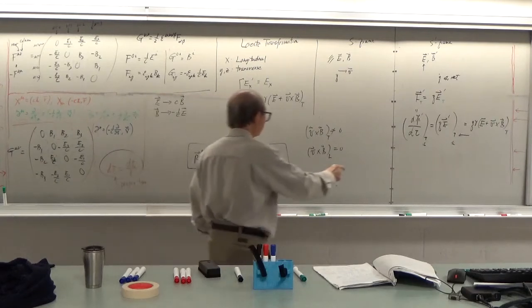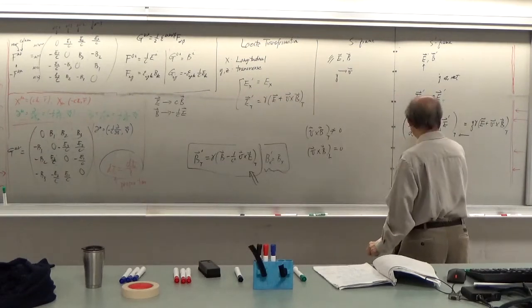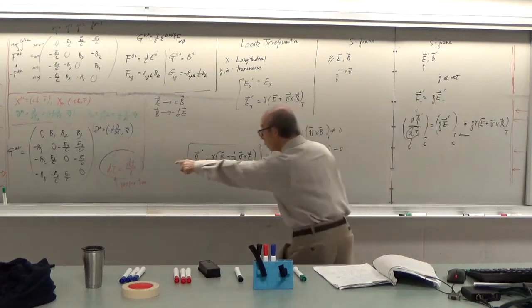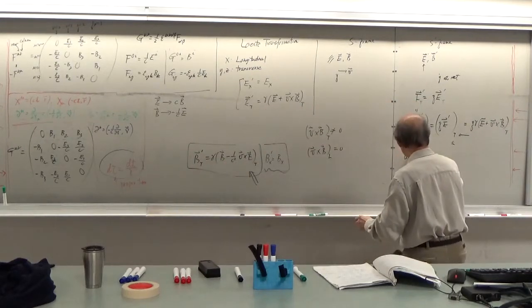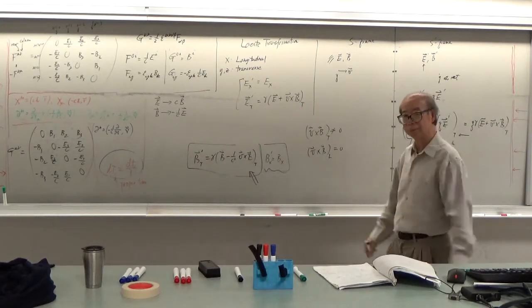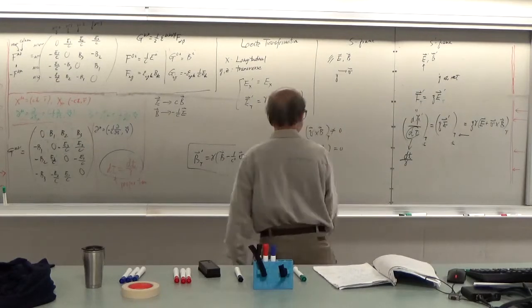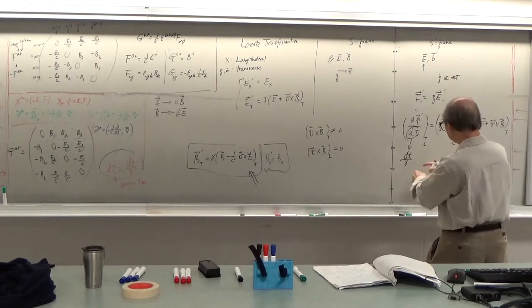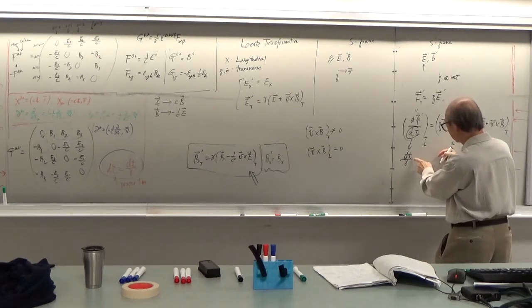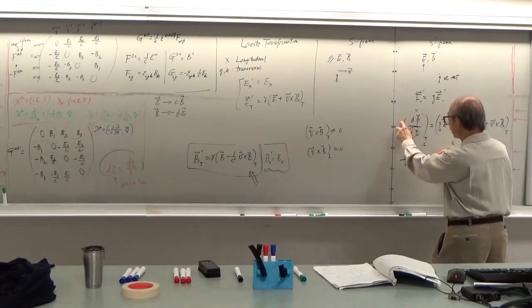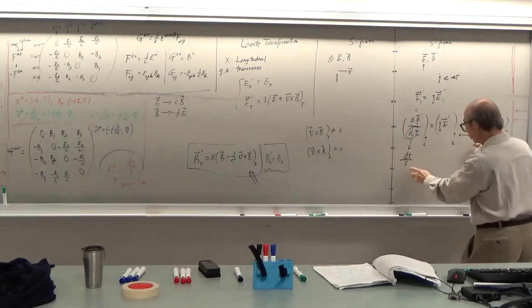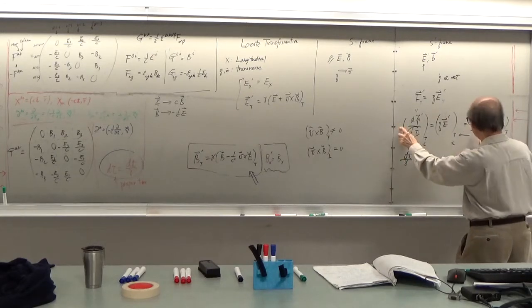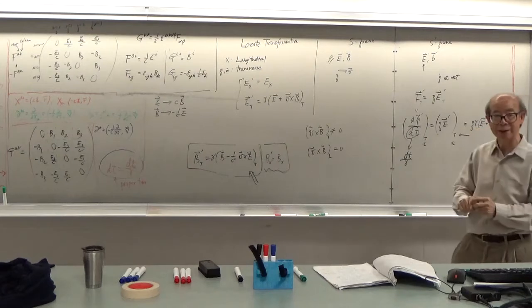So I can replace d tau by dt over gamma. Then dt by gamma is in the denominator, so this gamma is promoted to the numerator, and the gamma on the left-hand side will cancel the gamma on the right side.